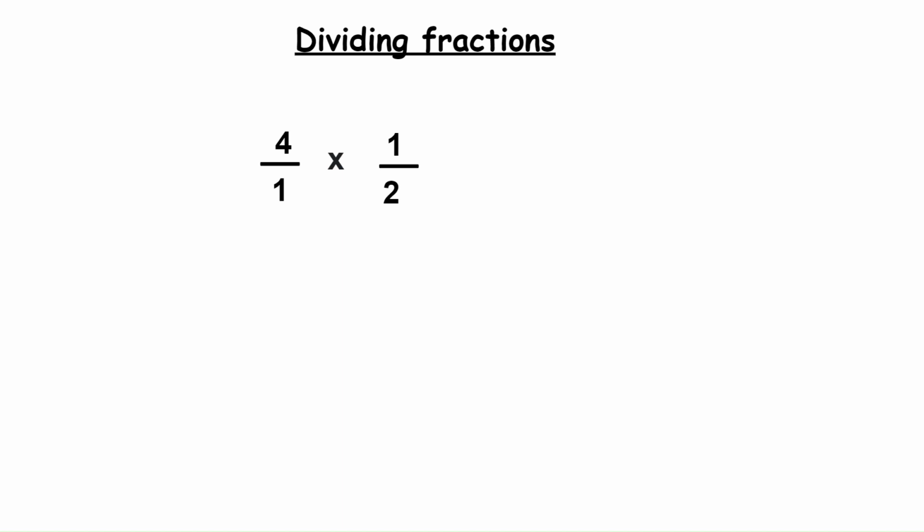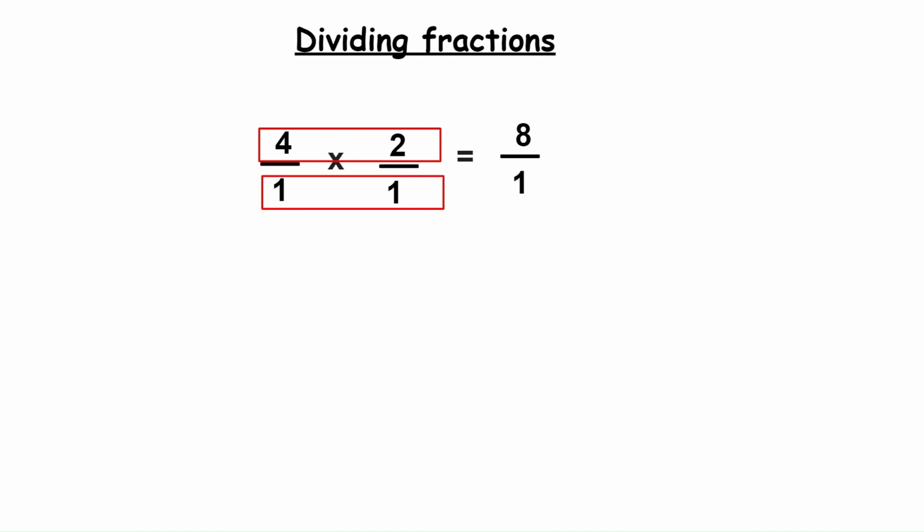And last, we're going to flip 1 over 2 to 2 over 1. Now let's multiply. 4 multiplied by 2 is 8, and 1 multiplied by 1 is 1. And we have an improper fraction, 8 over 1, and 8 divided by 1 is 8. So there you have it. Excellent job.